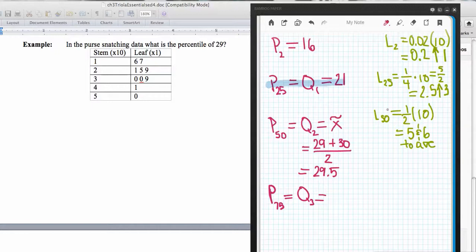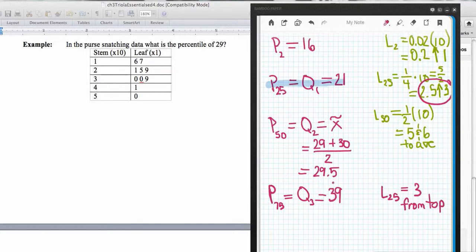So we can use that fact of symmetry with this information here to go from the top of the data. So this is L25 being 3 from the top. So I'll go to the top of the data, the high end of the data, 50, and I'll count down. So 50, 41, 39. So my P75, my third quartile, is 39, which is kind of nice because then I get 2 for the price of 1 here.